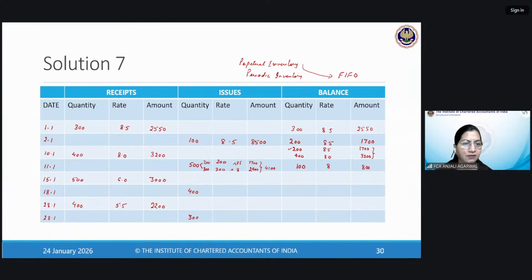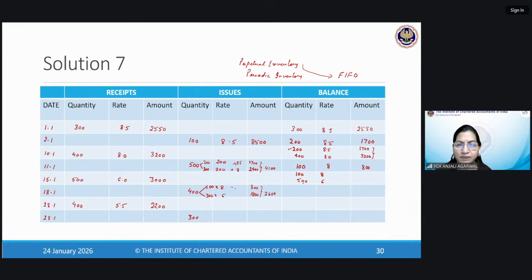Then you received another lot on 15th January. So now your stocks have 100 at the rate of 8 and 500 at the rate of 6. Now when you will issue 400 units as per FIFO, first this 100 will go and the remaining 300 will go from the 500 unit lot. So 100 at the rate of 8 and 300 at the rate of 6. 800 and 1800, 2600.